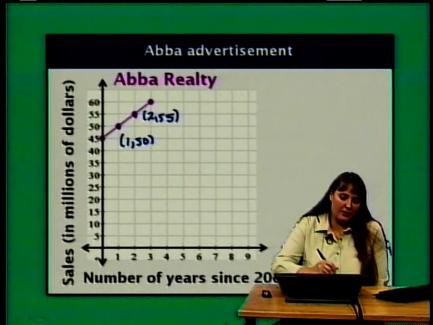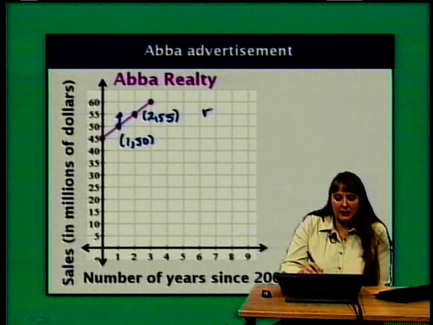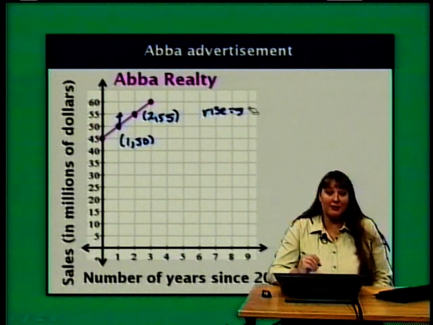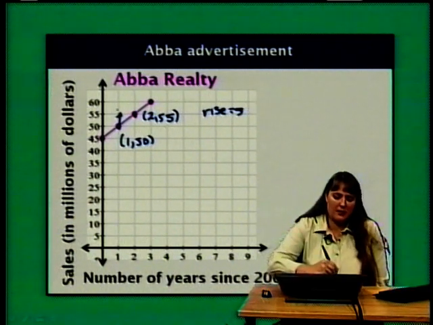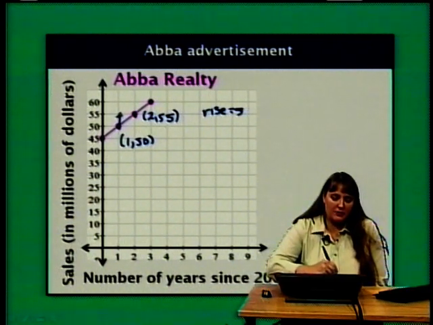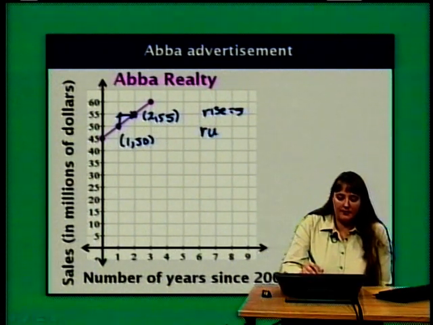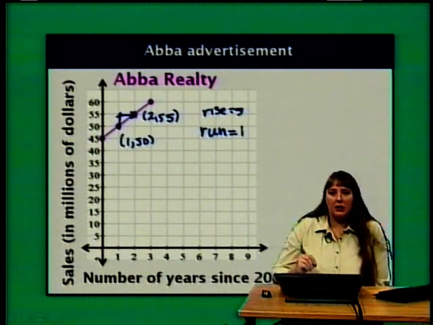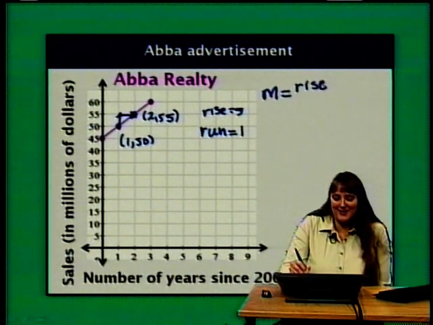So to find the slope, looking at the rise over the run, for my rise, I go up from 50 to 55, for a rise of 5. And for my run, I'm just moving right from 1 to 2, so my run is 1. For my slope computation, I'm going to take rise over run.